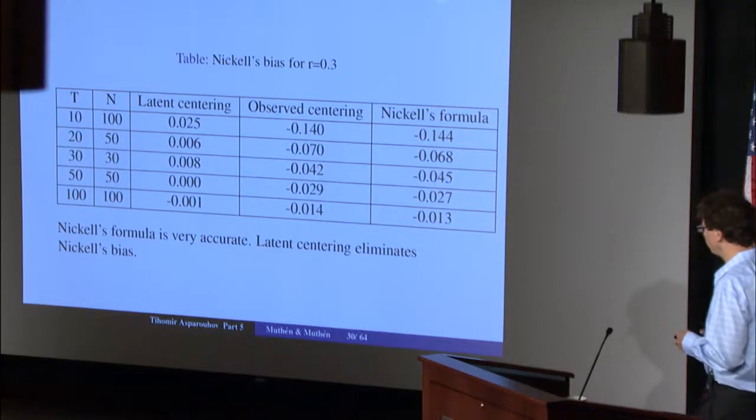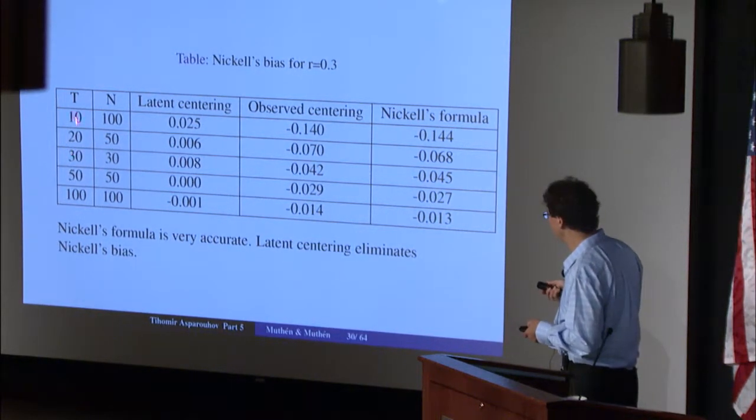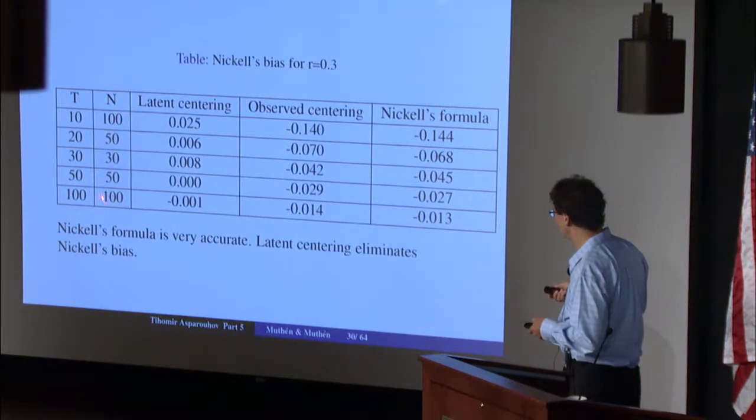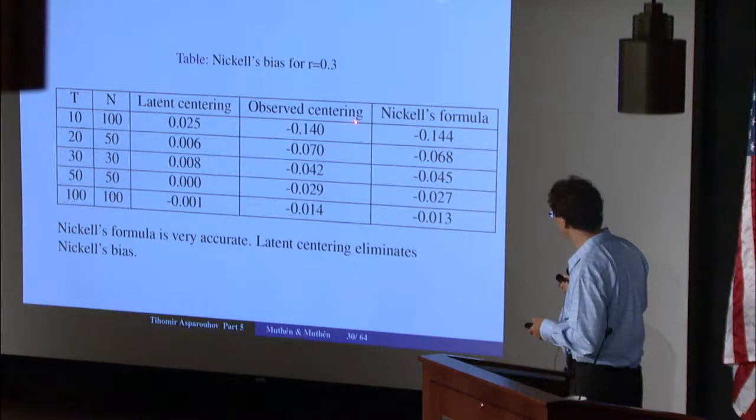Here's a little simulation study that shows that the Mplus method works quite well. We vary the number of time points and the number of individuals in the sample for this two-level AR1 model. These are the biases produced by the latent centering model. They are very small, while the observed centering bias is quite large.